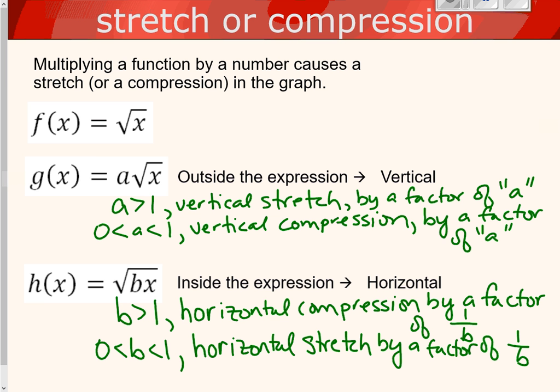So if I go 1 divided by 0.5, that actually equals out to 2. So it's a horizontal stretch by a factor of 2. Okay, this one is kind of the harder one to remember. I'm going to put a little star by it because it's always the reciprocal. It's always 1 over whatever the number is. And then from there, you can look and see if it's a compression or a stretch.